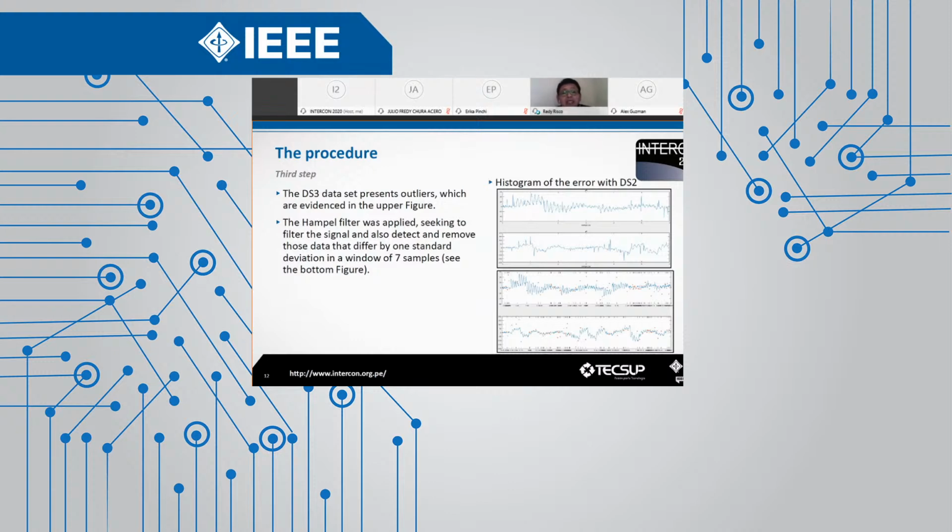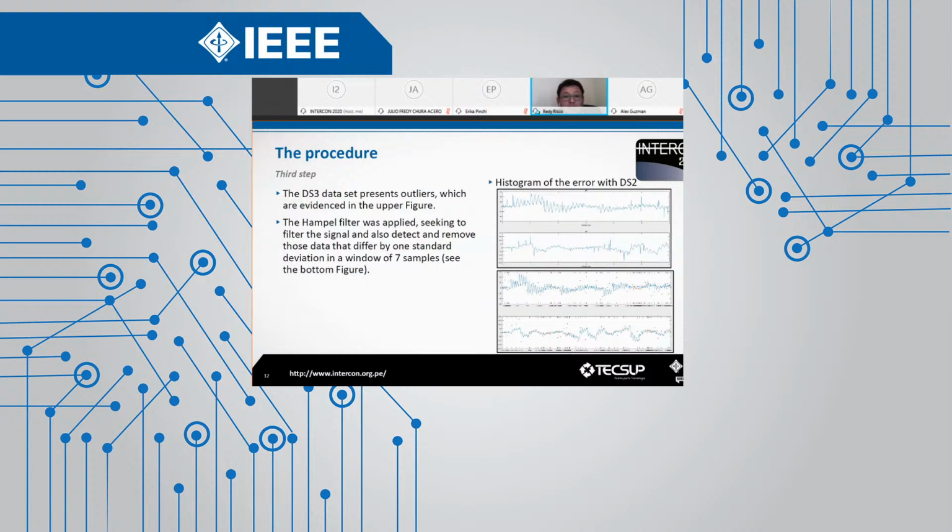Dataset 3 represents outliers. The Hampel filter was applied, as you can see in the figure. The first is the original data. The second is with the outliers identified.